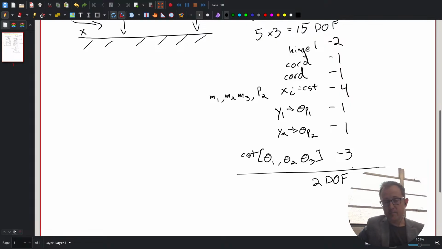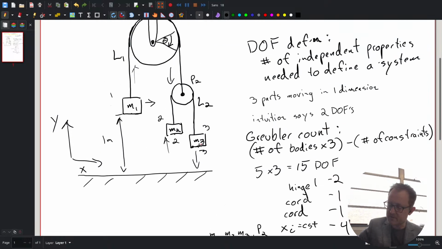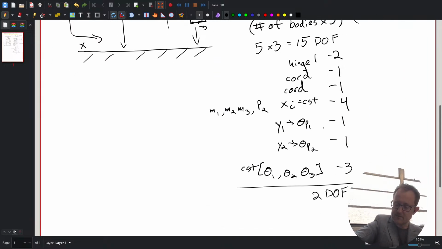I find that it helps to do both ways, where you do both an intuitive approach of, if I hold one thing constant, then what can the rest of the system do? And then also do this approach where you look at, okay, what is every possible thing moving in this system?